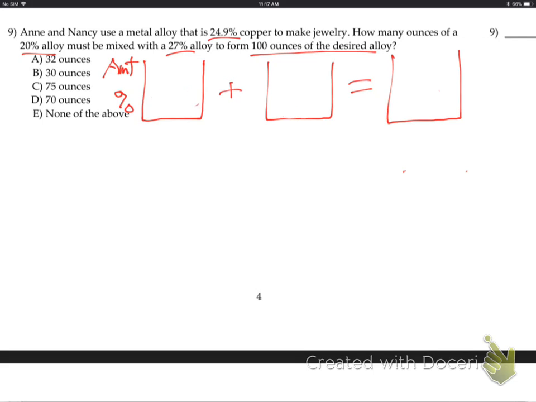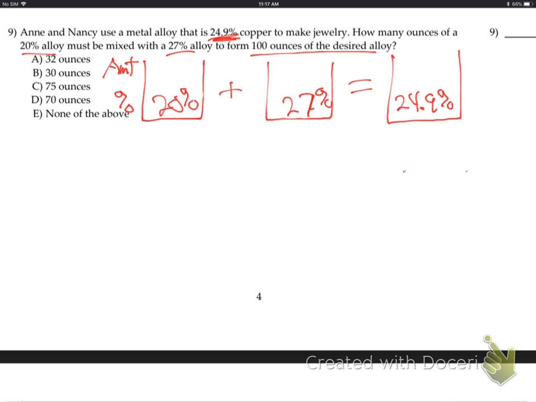But if I just know that fact, the mid-level, the 24.9, that's got to go right there because that's between the other 2. And then the other 2, it really doesn't matter which one you have where, as long as you got the final one right. Does that make sense? When you're mixing things, the mid-level has to be at the end. Is that good?